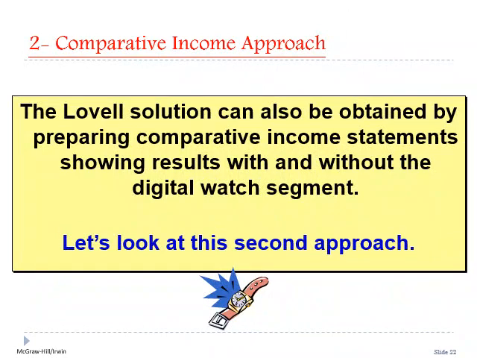As I told you before, we can make this decision whether to drop or retain a specific product line using two approaches. We have discussed the first one, the contribution margin approach, and now we are going to use the second approach, the comparative income approach. It says here the same solution can also be obtained by preparing comparative income statements showing results with and without the digital watch segment.